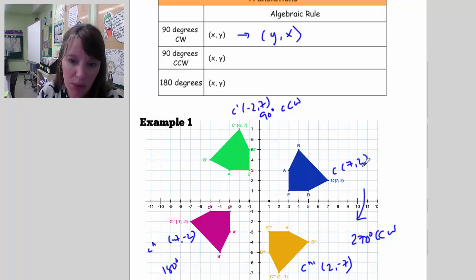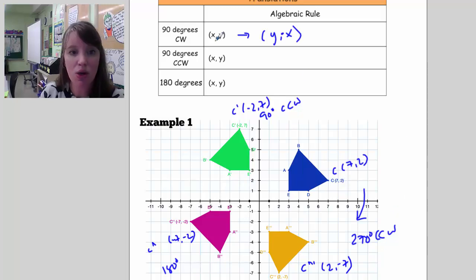The thing that was originally the y that becomes the new x remains the same, but the thing that was the x before and becomes the y changes to its opposite. So for a 90-degree clockwise rotation, it becomes (y, -x).